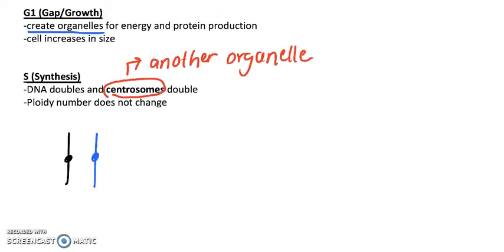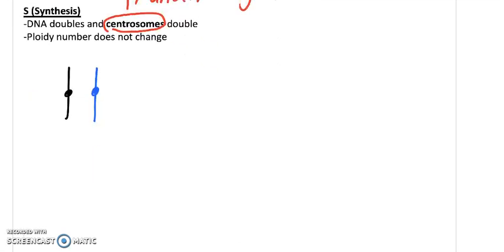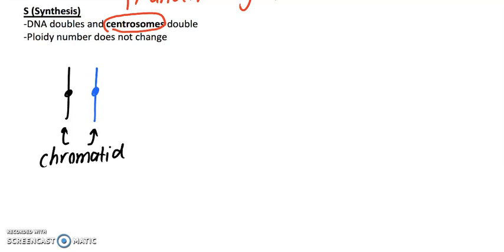Okay, so a bit of terminology here. These structures, we can call them chromatids. So now after synthesis, so after S, it's going to double.